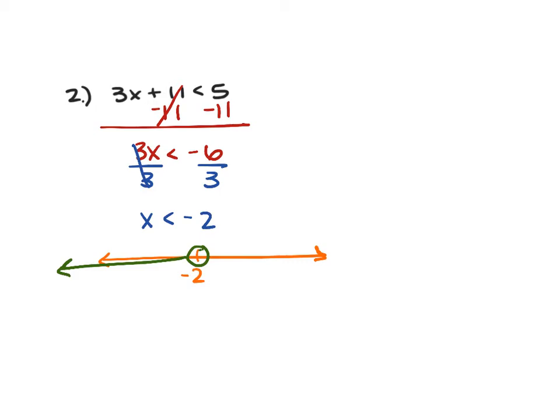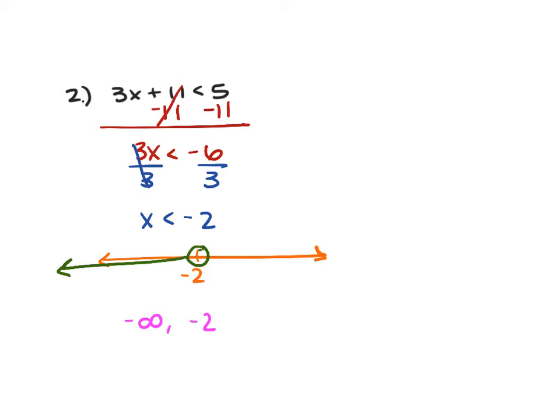For my interval notation, I want the two numbers that are included from this graph. I have a negative 2, and I have a negative infinity because that line goes to the left. With the way that you write these, your smaller number will always go on the left, bigger number will always go on the right.